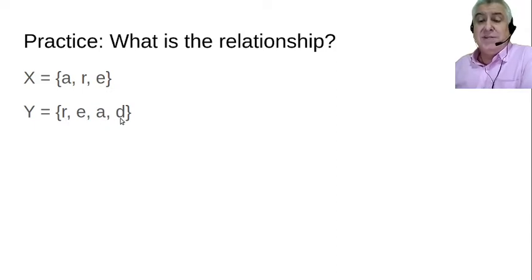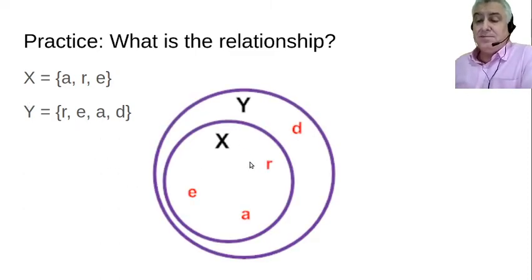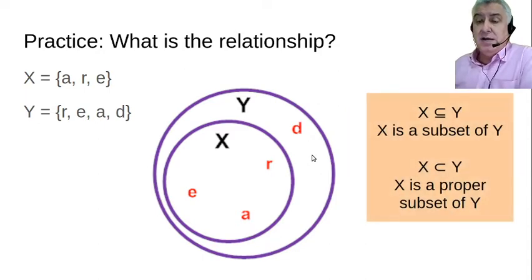So we know that Y cannot be a subset of X, and we can check if every element in X is in Y. A is in Y, R is in Y, E is in Y. So we know X is a subset of Y. Or we can draw it out graphically, and we can see that everything that is in X is also in Y, and that there is something in Y that is not in X. So X is a subset of Y, and X is a proper subset of Y too. Either one of those answers is correct.